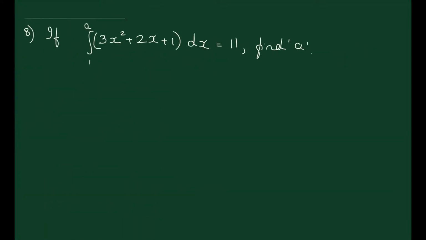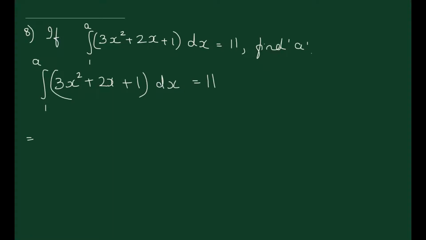Now in the next sum, again the question looks similar: if the integral from 1 to a of 3x square plus 2x plus 1 dx is equal to 11, find the value of a. Again they have given us the integral from 1 to a of 3x square plus 2x plus 1 dx is equal to 11.